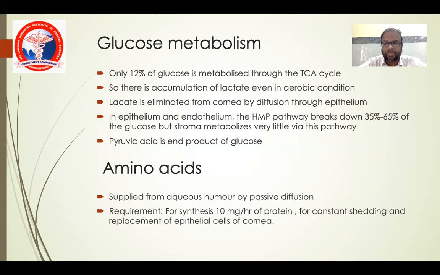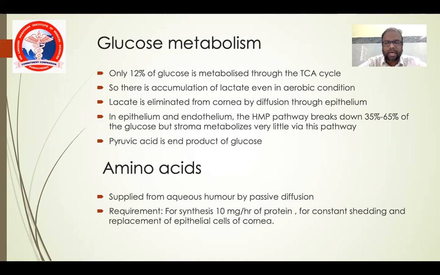The hexose monophosphate shunt is a major glucose pathway for the epithelium and endothelium because of their active turnover of cells or their active metabolism, while the stroma, which is mostly used for its transparency, does not prefer the hexose monophosphate pathway. Okay, so pyruvic acid is an end product of glucose in the tricarboxylic acid pathway.